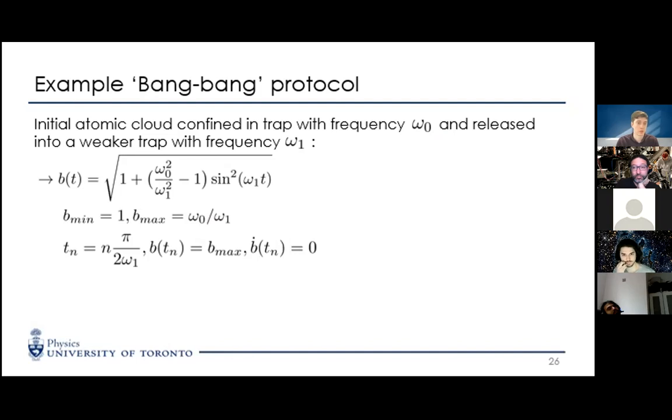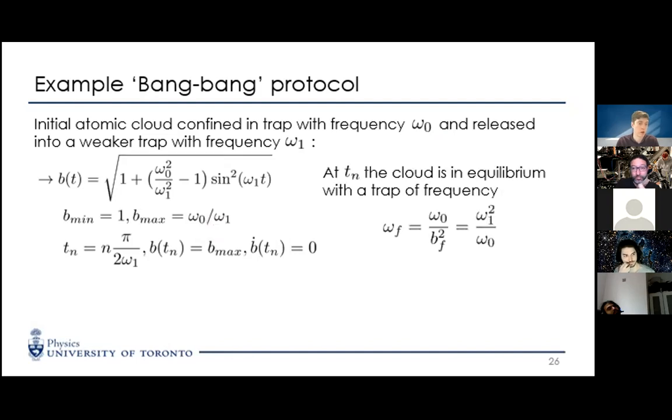So in this bang-bang protocol, the optimum time would be, where here n equals 1, we've waited 1/4 period, and then we jump to a final trap, which matches the size of the cloud. We match the trap frequency of our final oscillator to the size of the cloud at that moment. And if we do that, we've done a bang-bang protocol in a time pi over 2 omega 1.